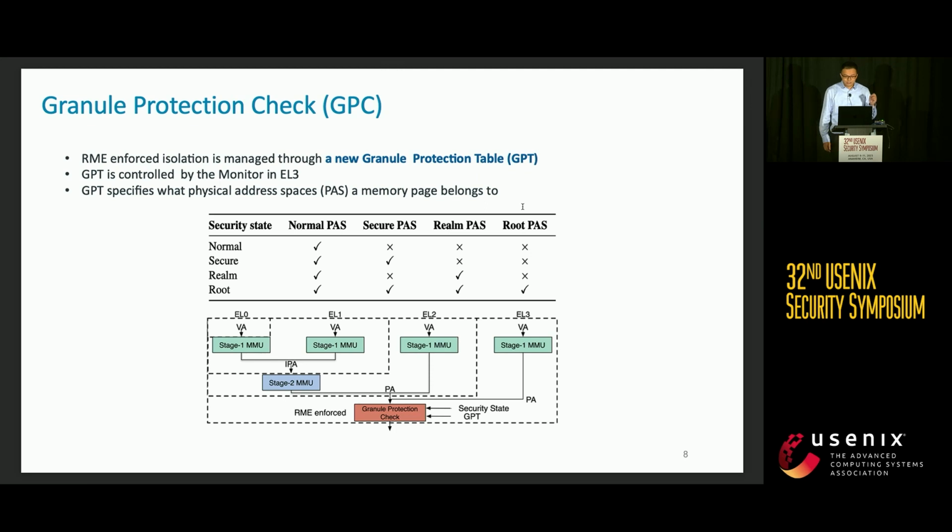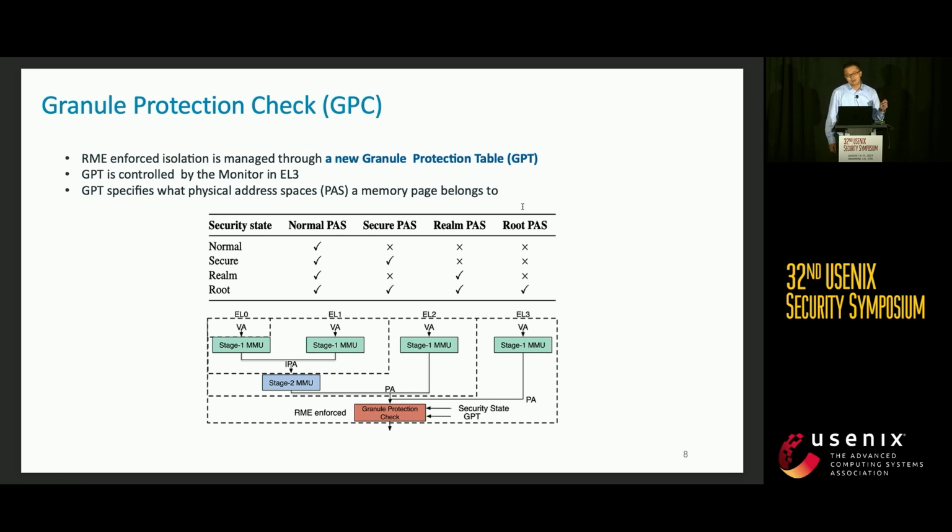One of the key approaches we use is something called GPC, Granule Protection Check, which is a new feature introduced with ARM CCA, after ARMv9.2. This is something built into the MMU, and basically it uses a new granule protection table called GPT. It's nothing special; it's just a page table.